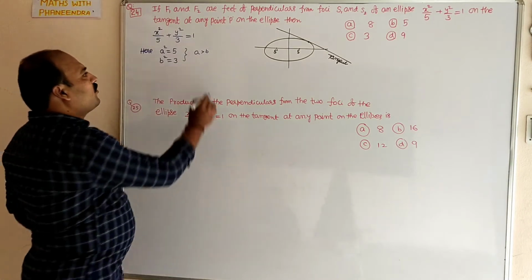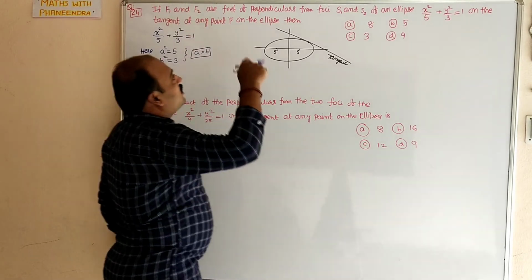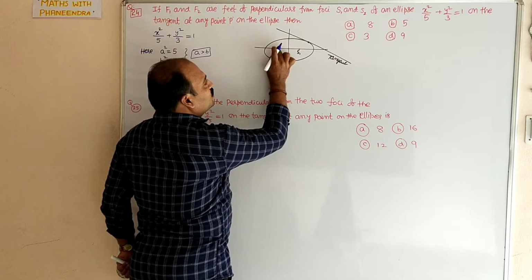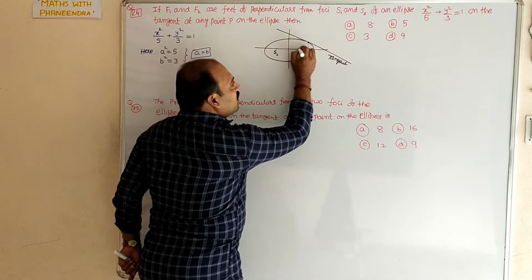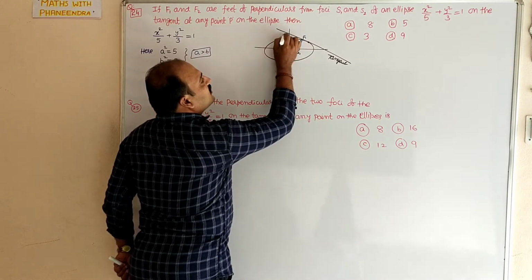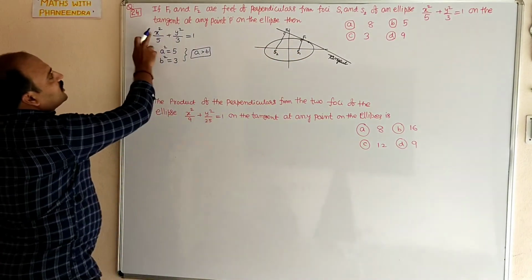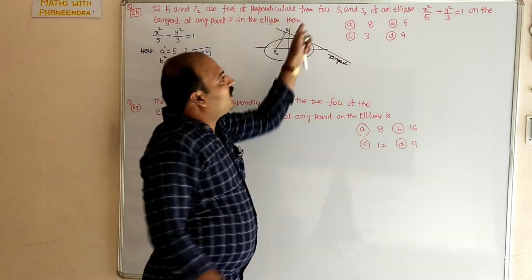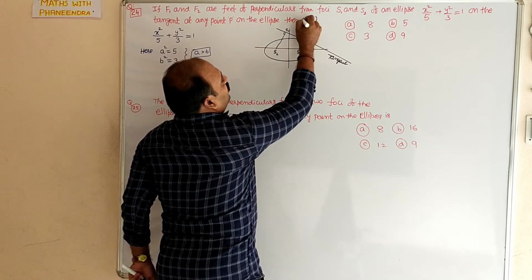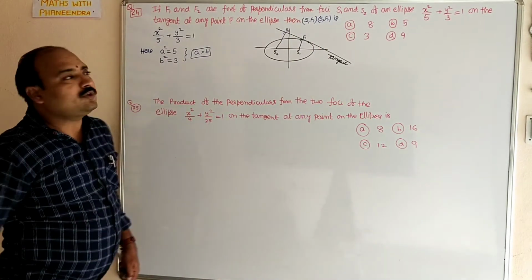After knowing that a is greater than b, now come to the question. F1, F2 are the feet of perpendiculars from foci S1 and S2. This is S1, this is S2. Draw one foot of perpendicular, it meets at F1, and this is F2, the other foot of perpendicular. The question is S1F1 into S2F2.